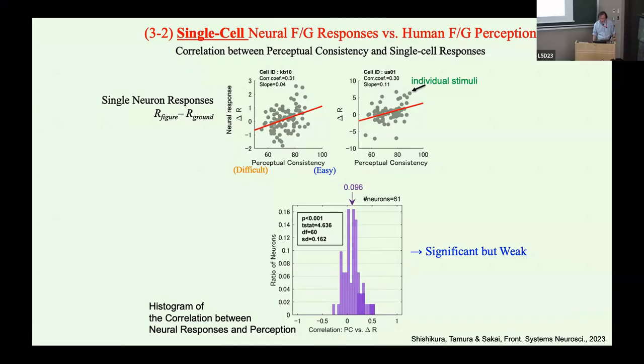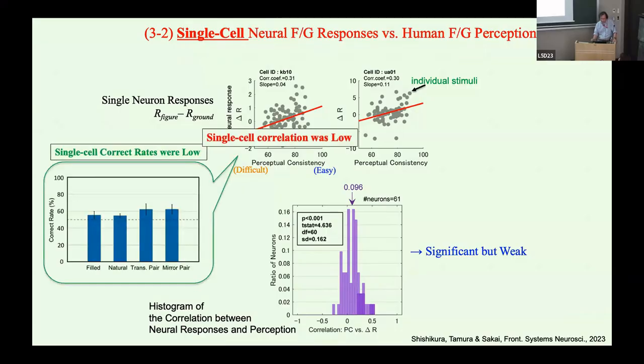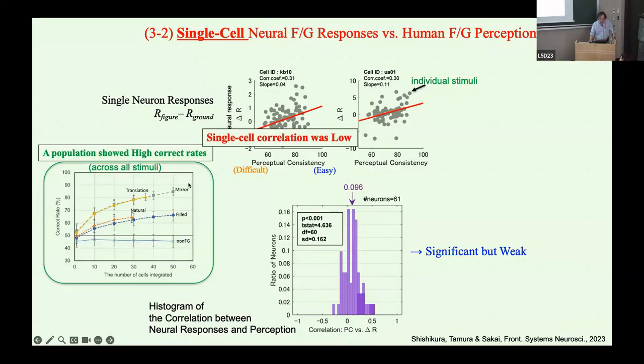But this result may be expected because single-cell accuracy was low, just above the chance rate, as we saw earlier. So how about the population? What we saw before was that 40 neurons get about 75% correct. So we expect that a population of neurons would show good agreement with human perception.